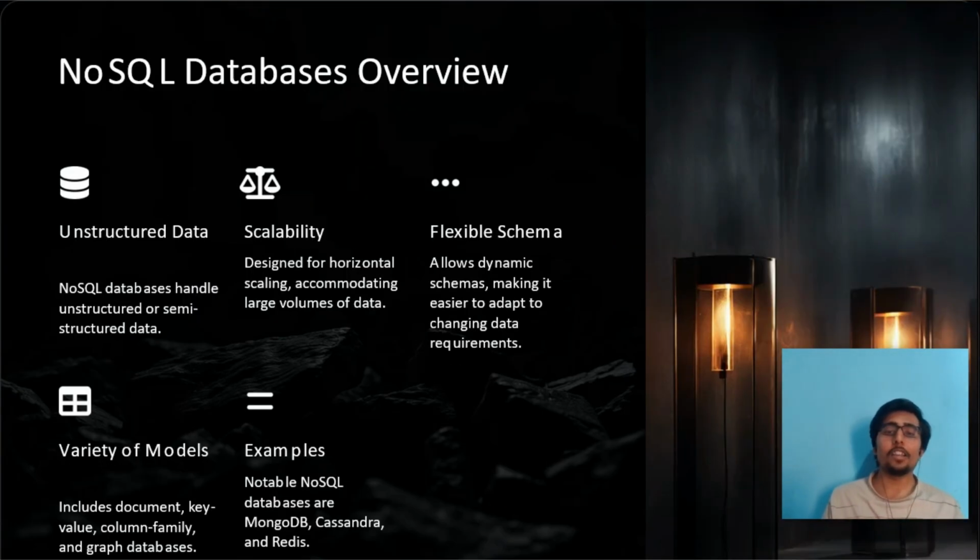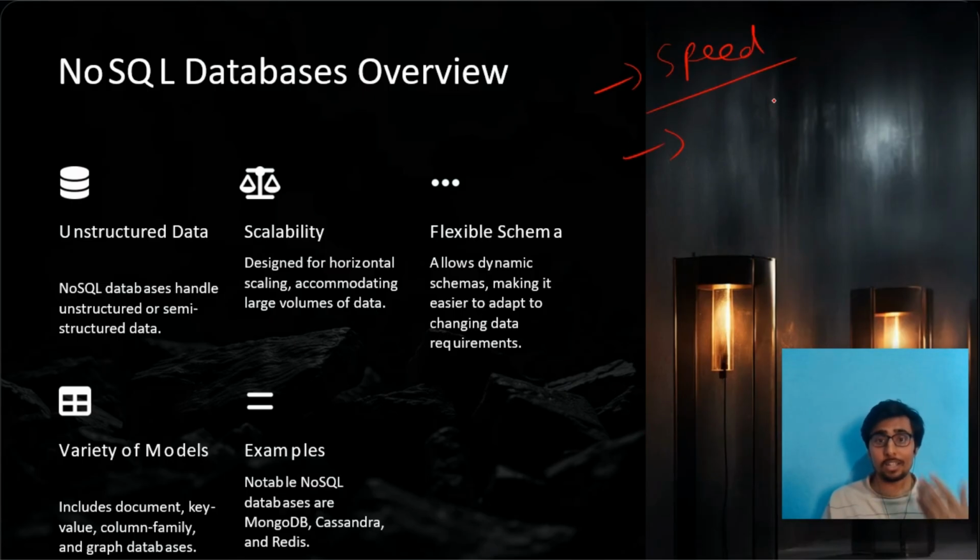Unlike RDBMS, NoSQL databases are schema-less and designed for handling huge amounts of data at lightning speed. It's known for its speed. Just note down some basic properties. It can handle a very large amount of data, and that too with very good speed.